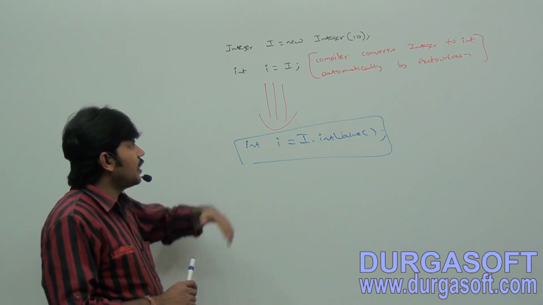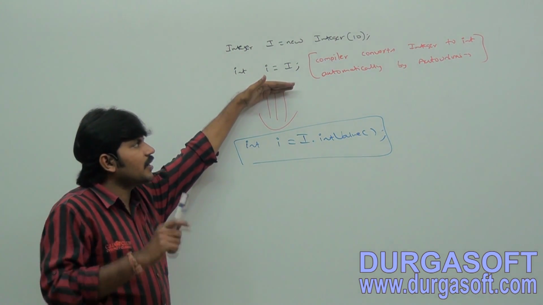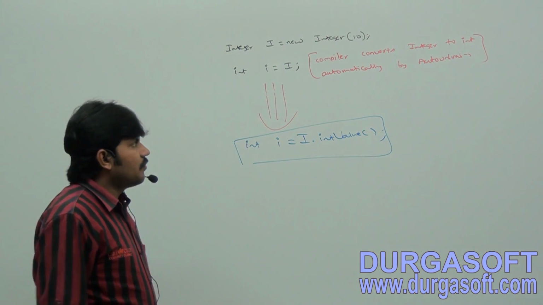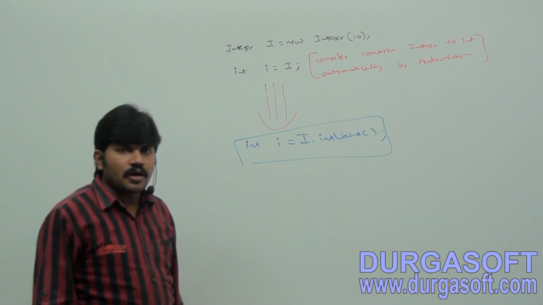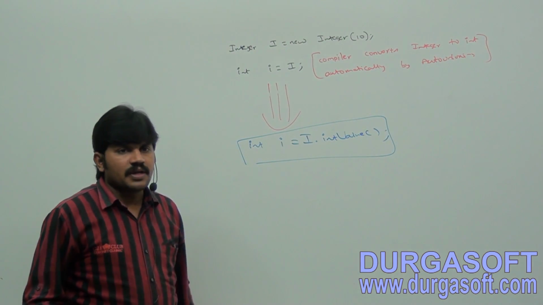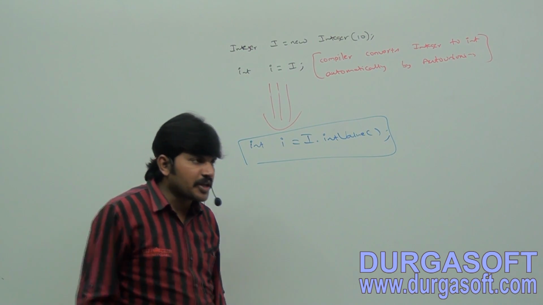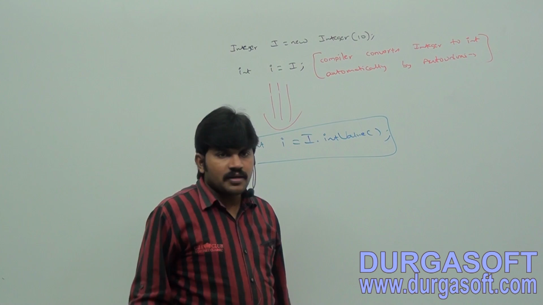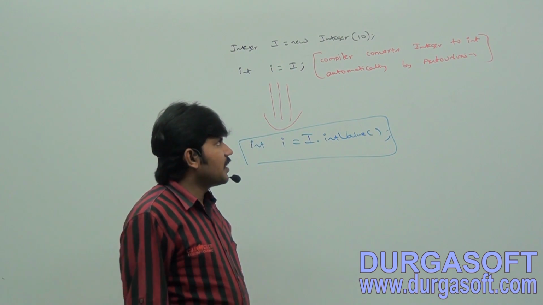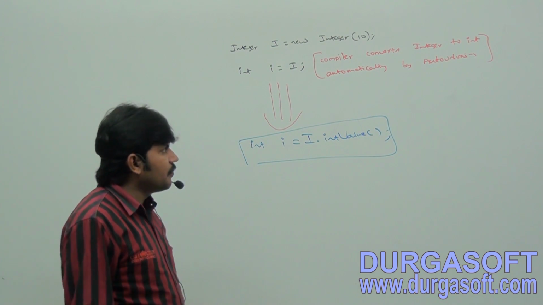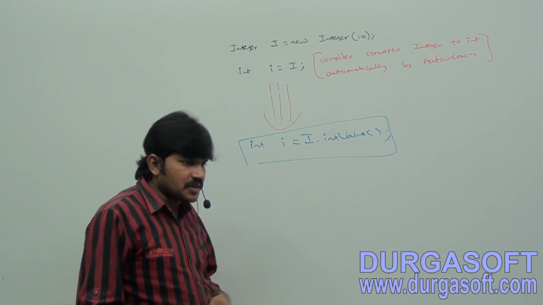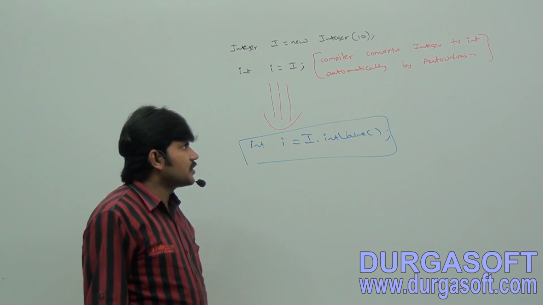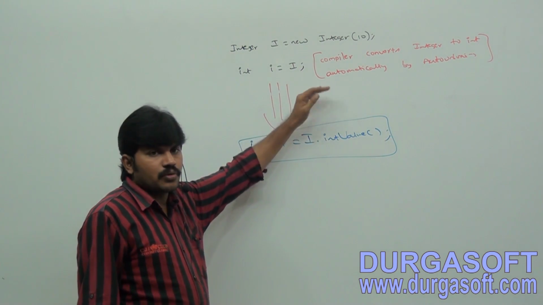Within the bracket, just up to this. The compiler converts Integer to int automatically by auto unboxing.